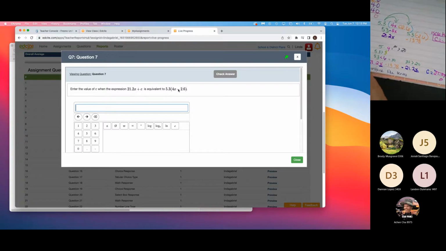So when I went through and I subtracted 21.2x, I had to do the same thing on the other side. So positive 21.2x minus 13.78 minus 21.2x. I had the positive 21.2x minus 21.2x. That should have given me 0 minus 13.78. So c is equal to negative.